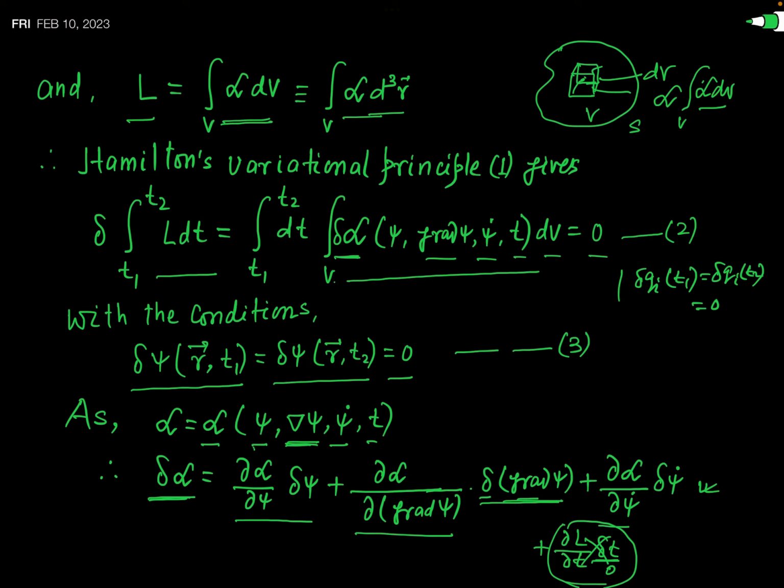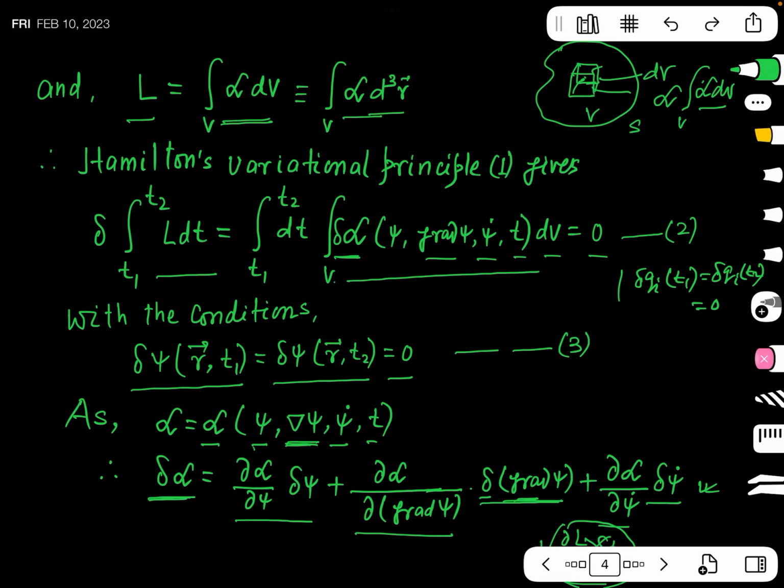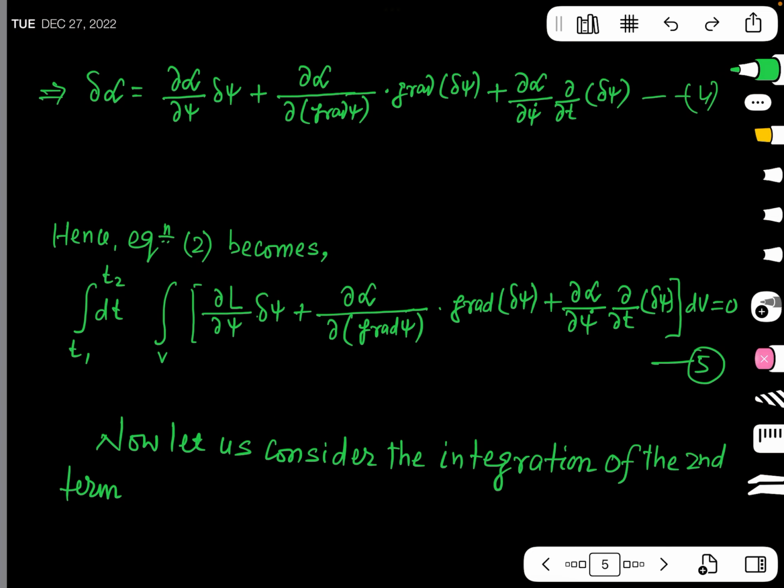So you can take the gradient of delta psi instead of delta of grad psi, and delta psi dot will be replaced by del by del t of delta psi.